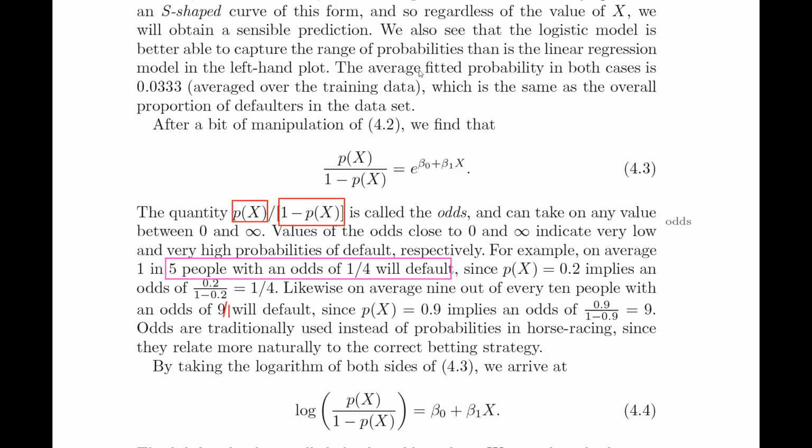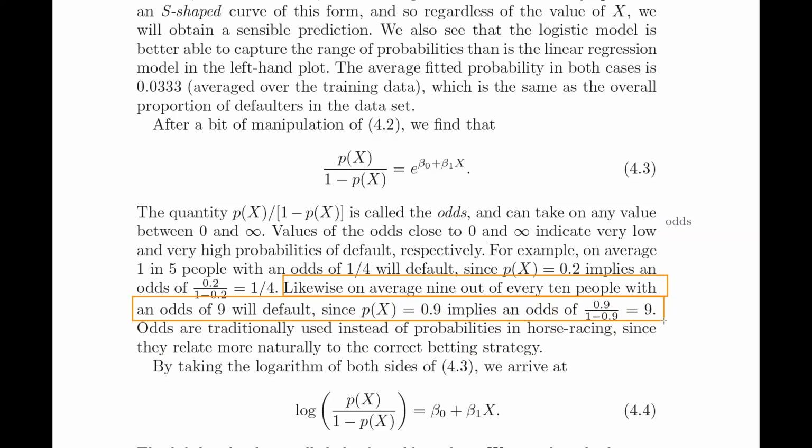Let's start with the second example. Likewise, 9 out of every 10 people. So a probability of 0.9 is the same as odds of 9 to 1.